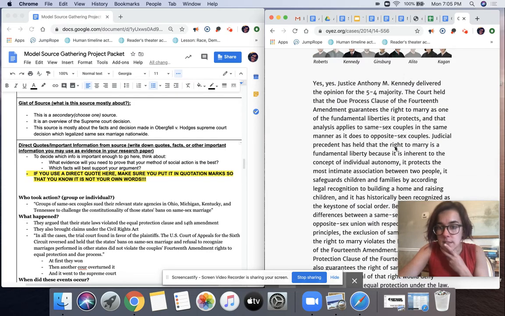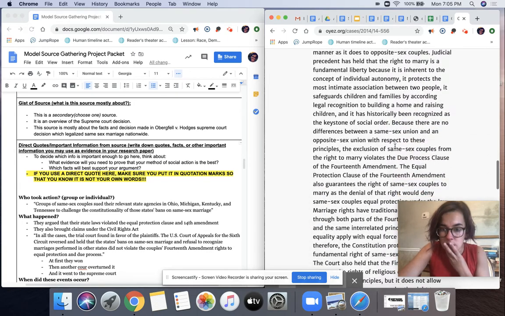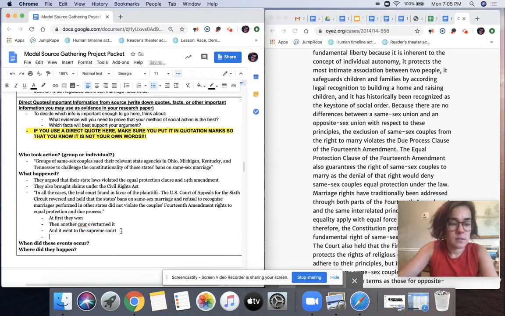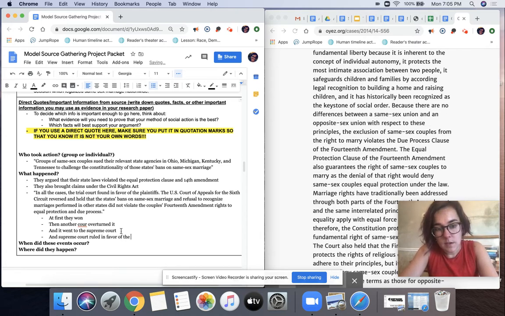So then as I continue to read, I find that, oh my goodness, the Supreme Court ruled in favor of the plaintiffs, who are the people suing about the law.